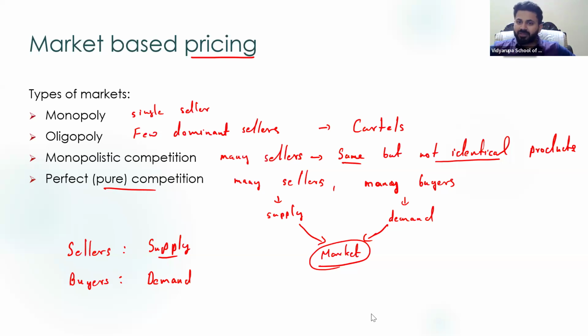If you're a single seller, it's your market, you can control it. In an oligopoly, you can, if you're part of that cartel, that informal group. Many times it could be illegal also. In perfect competition, you cannot control the pricing because the supply is not in your hand. It's in many people's hands.